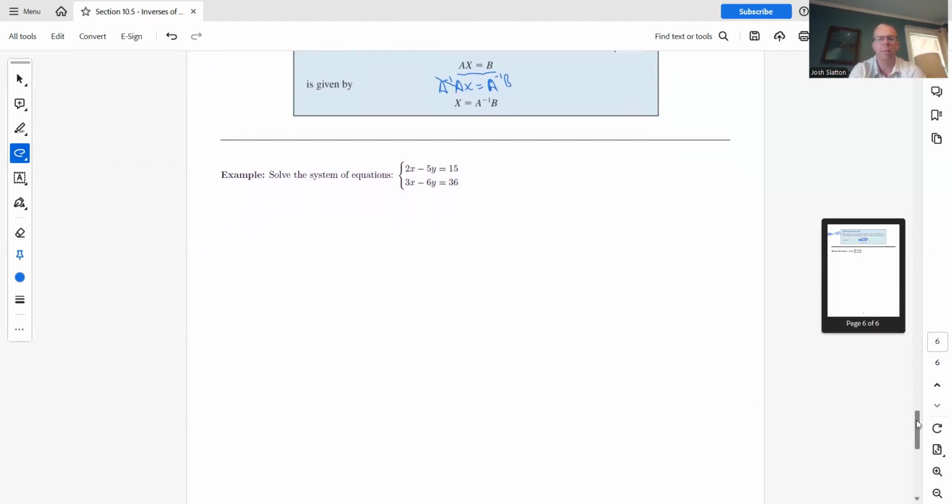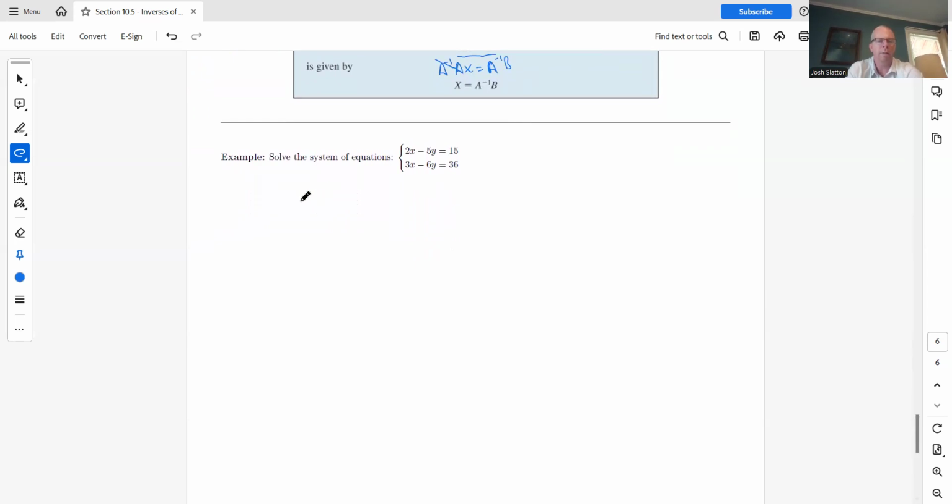It's just a 2x2, so this won't take as long as that last one did. So let's write our matrices here. We have 2, -5, 3, -6, and then our X is just X and Y, and then our B is 15 and 36.